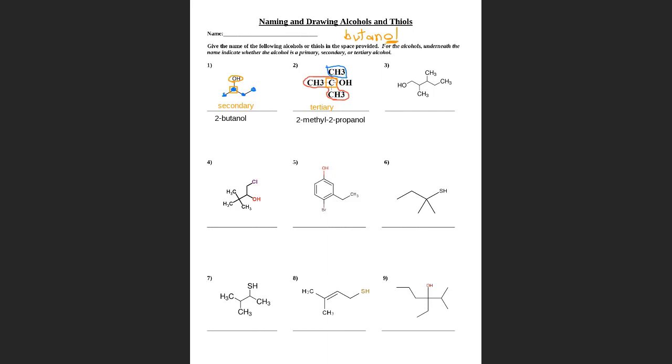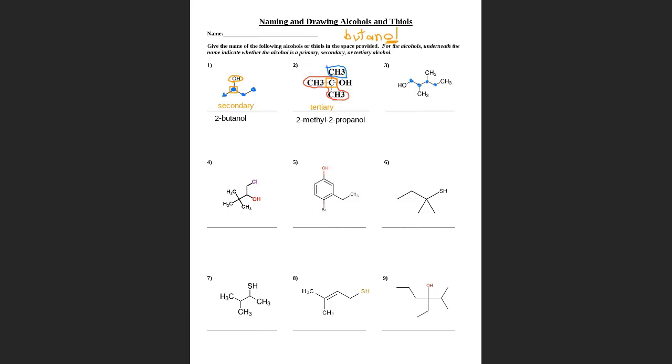Now you'll sometimes see structures that actually have kind of a hybrid configuration in that they'll show terminal CH3s at the end, but otherwise they'll be drawn like a skeletal structure. This is one of those cases. And in a case where you get a compound like this, it's very important to go ahead and note where the carbons are, because the carbons that aren't explicitly listed are still present.